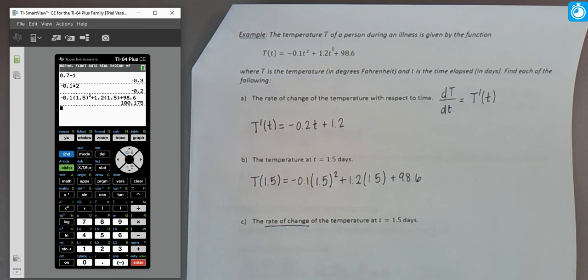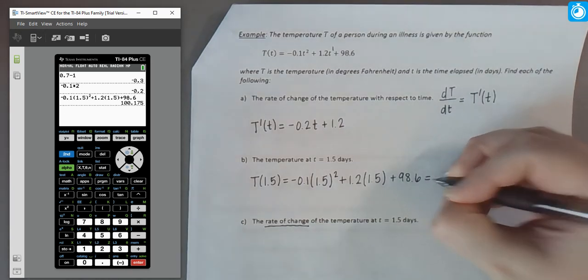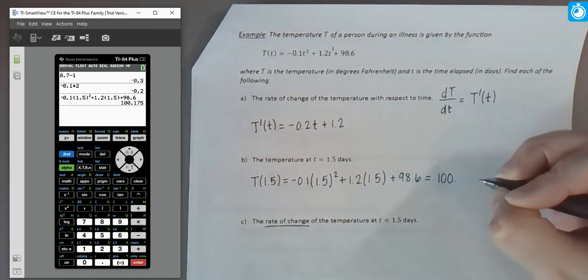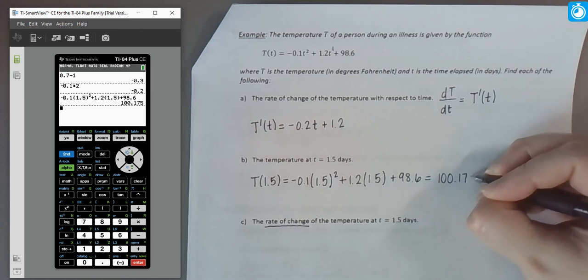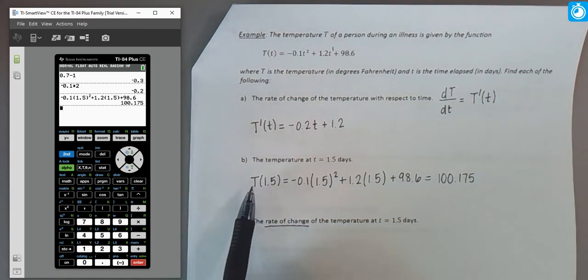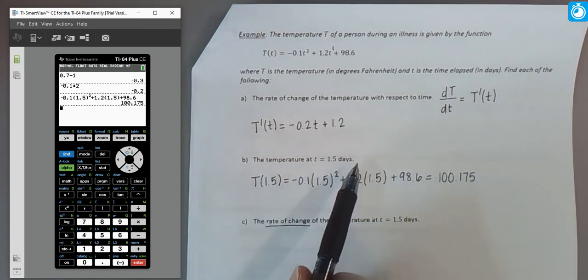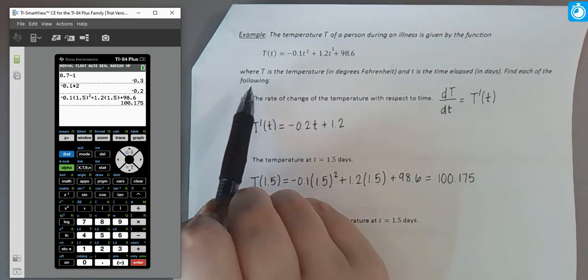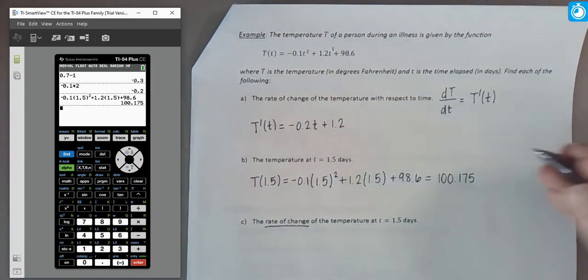Notice it doesn't say anything about rounding, so do not round. So that's going to be 100.175. Well, 100.175 what? What is our unit? We're talking about temperature. We're inputting a number of days, and it says that the output is temperature in degrees Fahrenheit.